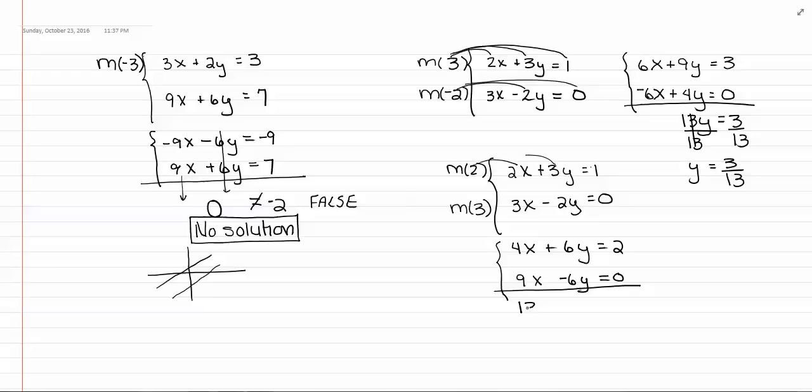I get 13x equals 2, or the x part of my point is 2/13. So my final answer as a coordinate is the x is 2/13, the y is 3/13. And again, you can plug those values in and double check. That point should fit in both lines.